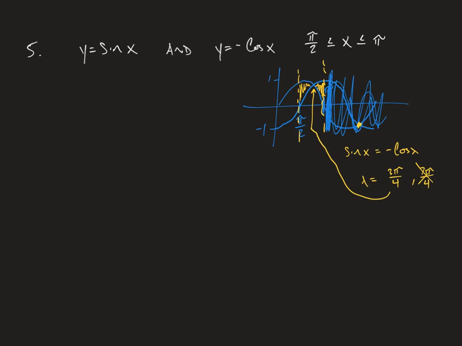So what I'm going to do is separate this into two separate integrals. My first integral is going to deal with this portion, finding that area, and then my second integral is going to deal with finding that area. So I've got an integral that goes from pi over 2 to 3 pi over 4. And in that situation, the sine function is the greater function.